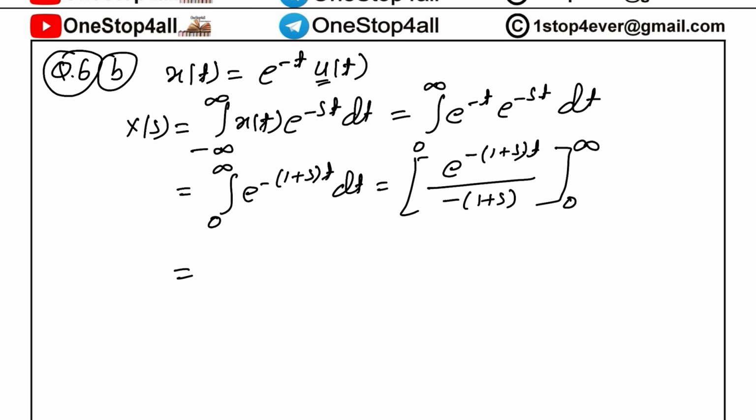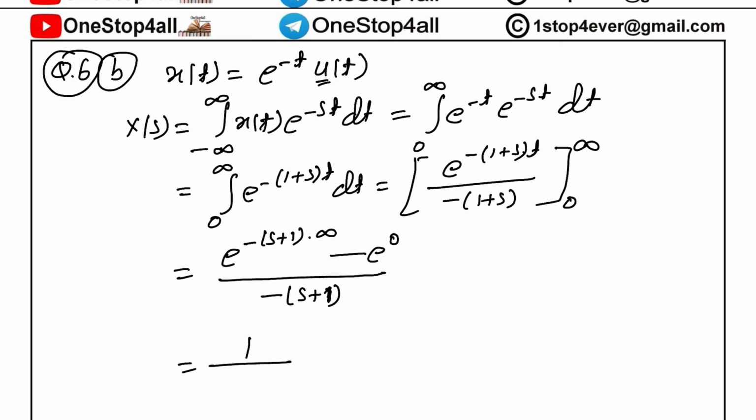We write this as e to the power minus (s plus 1) times infinity, minus e to the power 0, divided by minus of (s plus 1), correct. So this will be equal to, e to the power 0 is 1, and minus becomes plus. So it will be 1 by s plus 1. So, this is your Laplace transform.